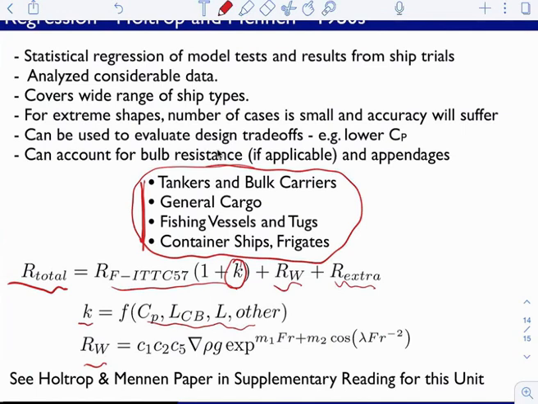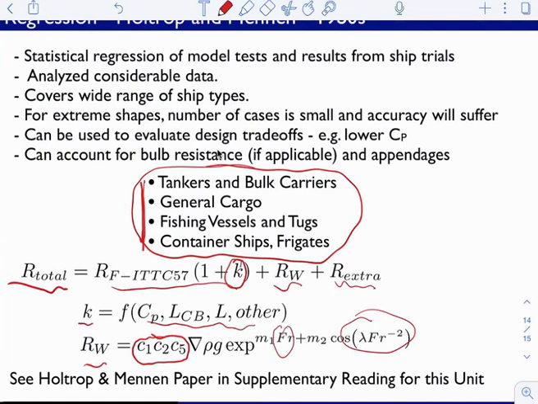The coefficients of form influence the values of these coefficients, C1, C2 and C5. If you look at the Holtrop and Menon paper, you'll see C1 equals some function of coefficient of form, C2, etc., C5. And then you have your Froude number dependence influencing your wave drag.